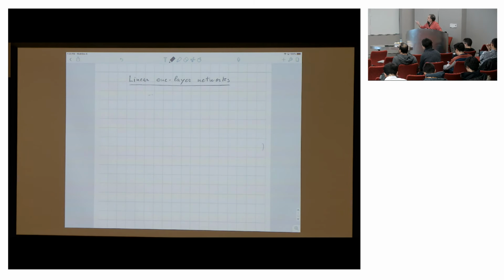let's go back. What we can say in this case, let's start with the linear one-layer networks.